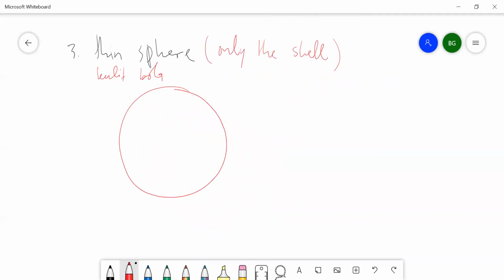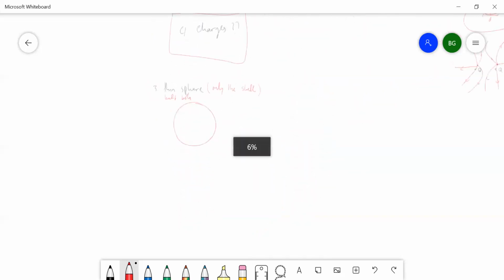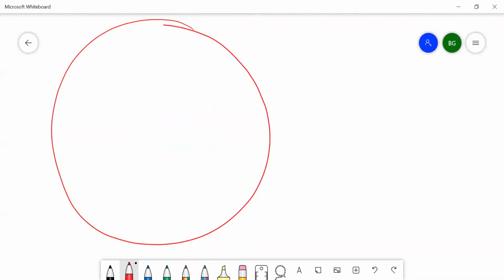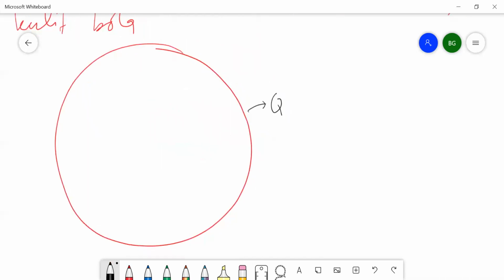So for example, this is Q. The charge is Q, could be positive or negative.